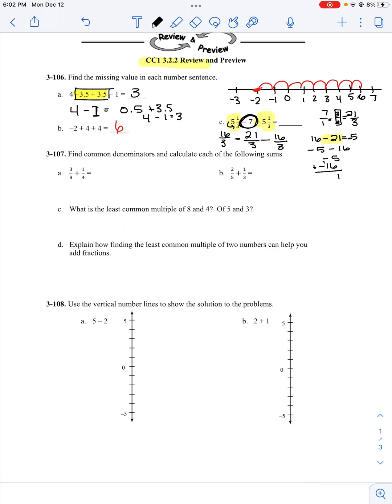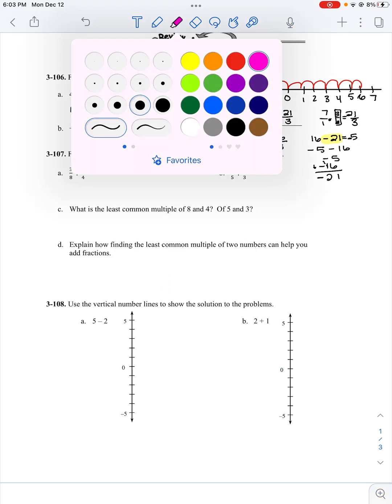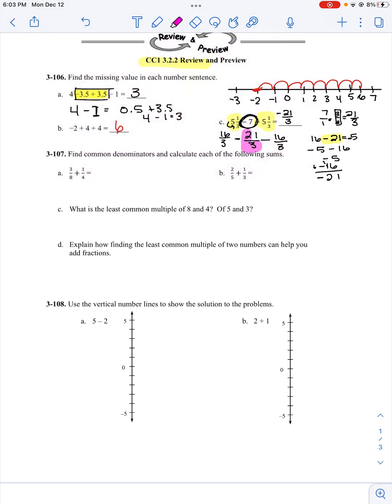So 5 plus 16 is 21, and the negative, because I know I'm subtracting, it's going to keep getting more and more negative. So it's negative 21/3. If I look here, I will know that 21/3 is also the same as saying 7. So the answer is negative 7.